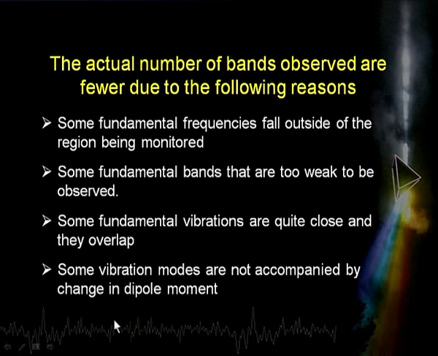That means that mode of vibration will not absorb IR radiation, and I will not be able to see it in the IR spectrum. We saw that in case of carbon dioxide, the symmetric stretching vibration was not IR active. So that mode of vibration will not be seen. All this put together gives us the spectrum as we observe. That means the observed spectrum is actually a resultant of all the possibilities we have discussed here.